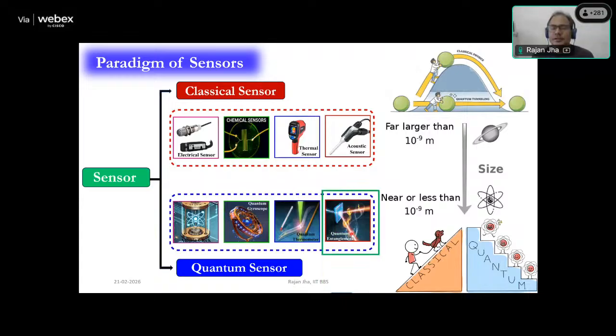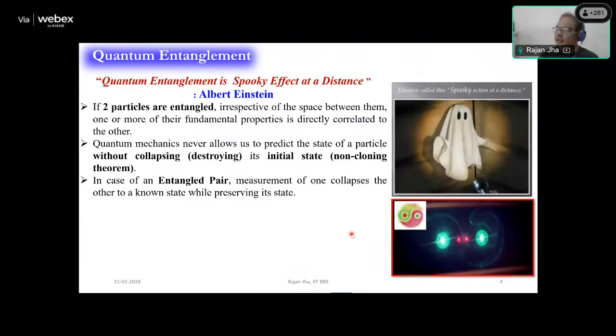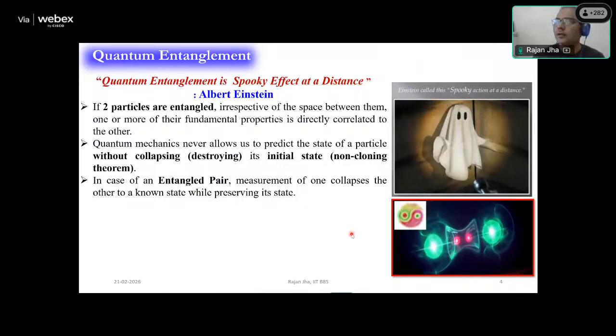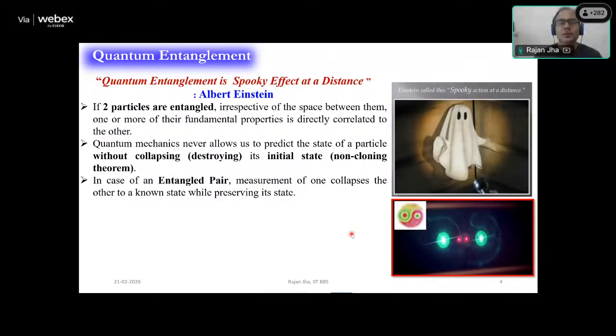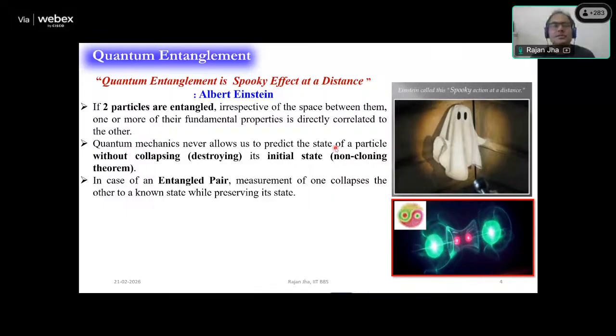So let's try to focus more on this. This word entanglement is not something new. The great Einstein gave this way back in the last century, where he said that quantum entanglement is a spooky effect at a distance.